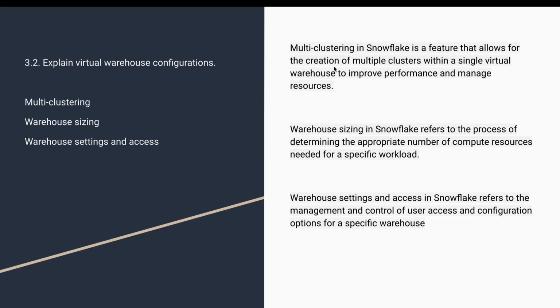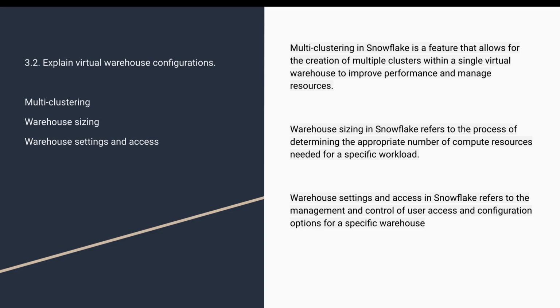This multi-clustering is a cloud feature where we can add multiple nodes of a similar configuration to enhance the performance of the task, right? In Snowflake also, in a similar way, we can configure it to use multi-clustering and add similar types of nodes and enhance the performance.